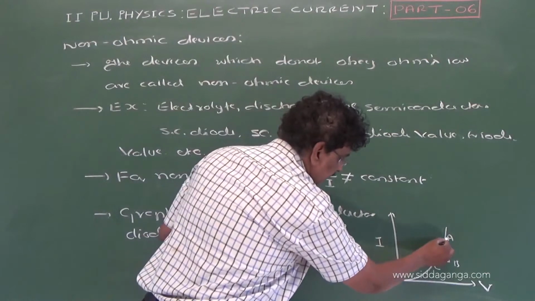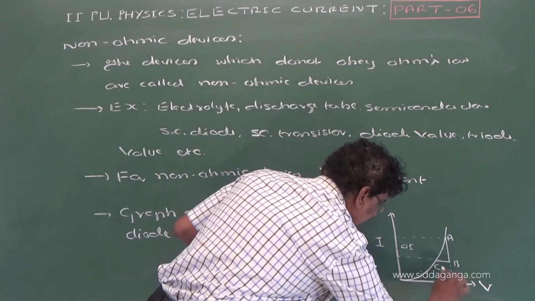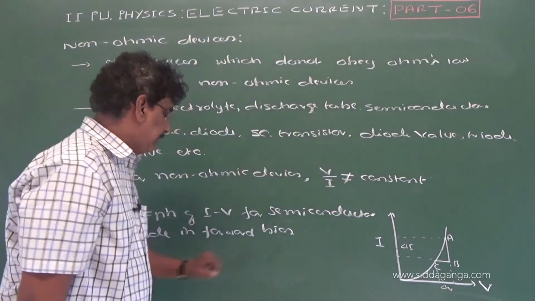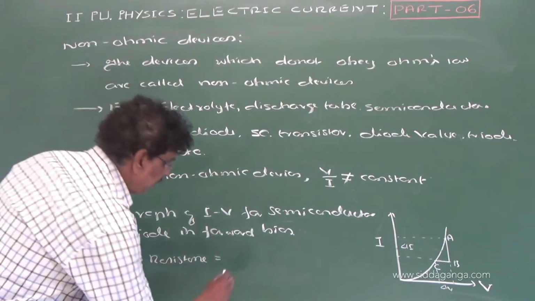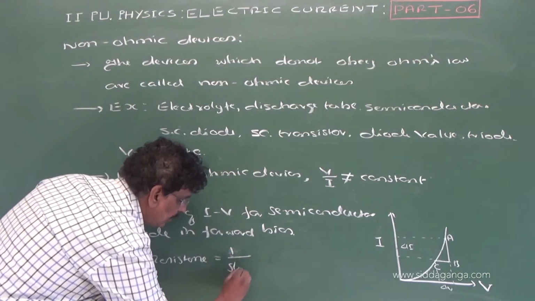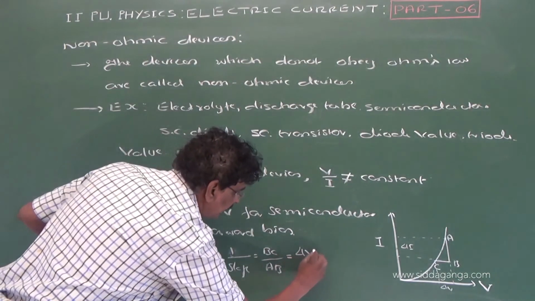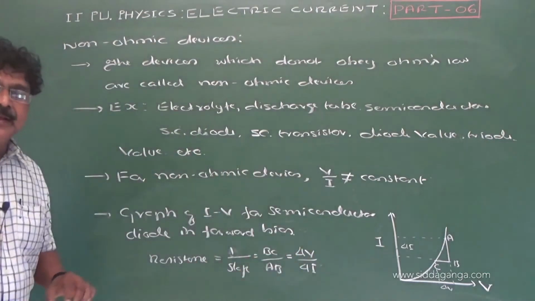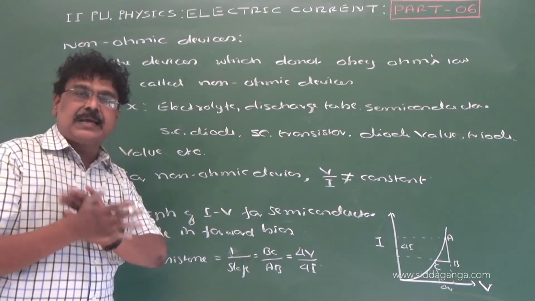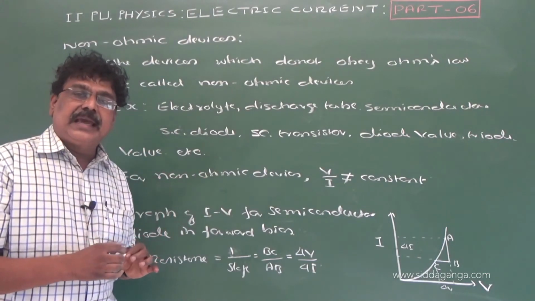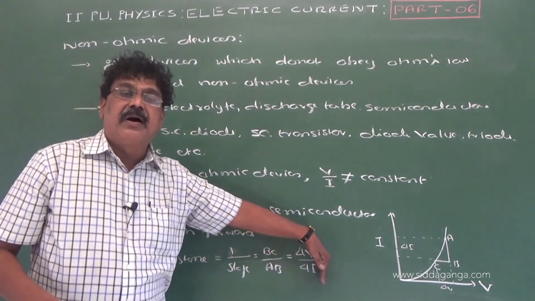Here AB represents change in current, delta I, BC represents change in voltage, delta V. Here resistance is equal to 1 by slope, that is equal to BC by AB, that is equal to delta V by delta I. Now for different non-ohmic devices, the nature of curve may be different, but I have taken a particular case, a semiconductor diode, a junction diode or a PN junction in forward biased condition.